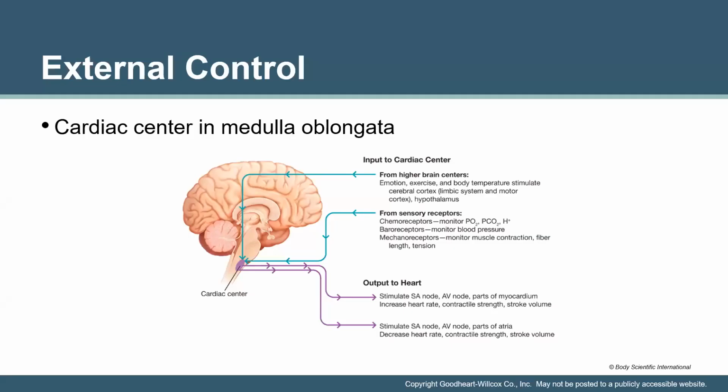So the sympathetic nerve fibers will stimulate the SA node, the AV node, and other parts of the myocardium. The parasympathetic nerve impulses, which come from the right and left vagus nerves, will innervate the SA, AV, and parts of the atria.